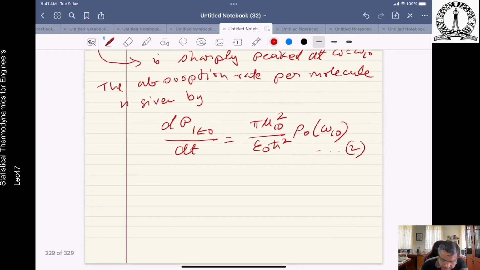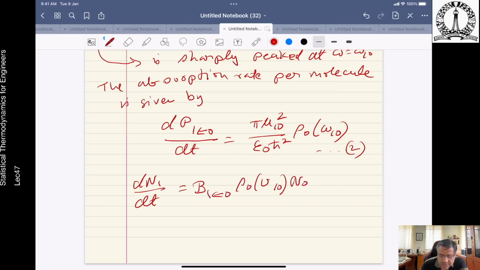It needs to be compared with the old equation that we had earlier, E10 v0 n naught. You recall that was the equation we had. So in order to derive the absorption coefficient, this equation is compared with that equation, with the assumption that n naught is almost equal to n for a weak field.